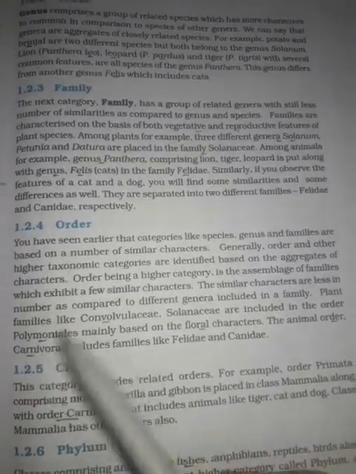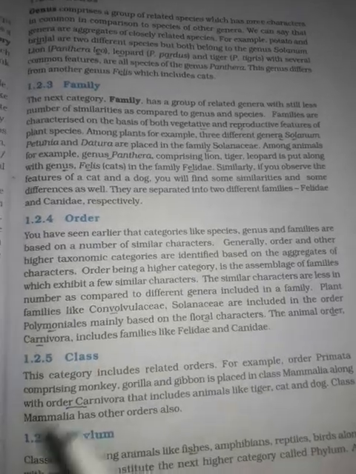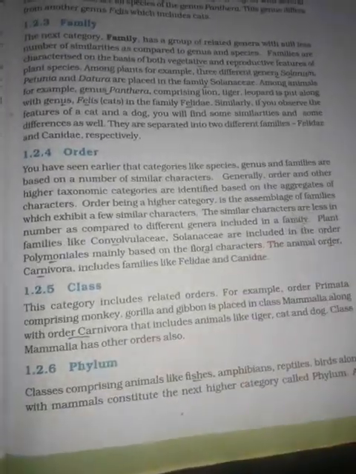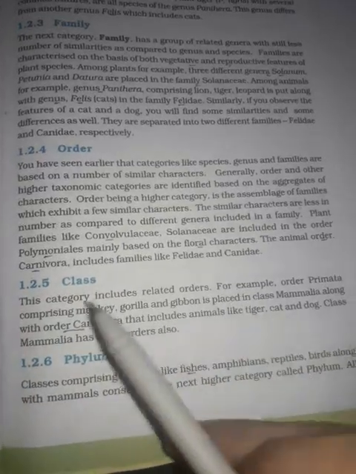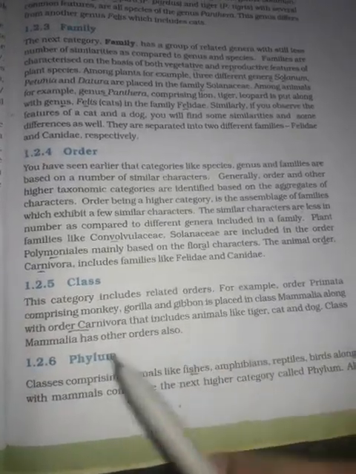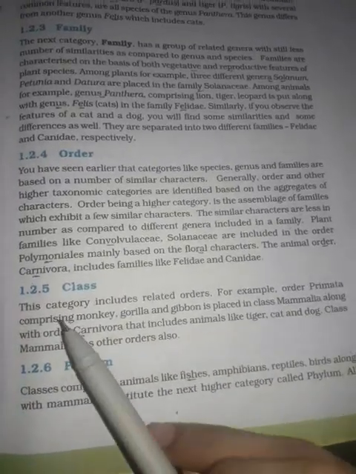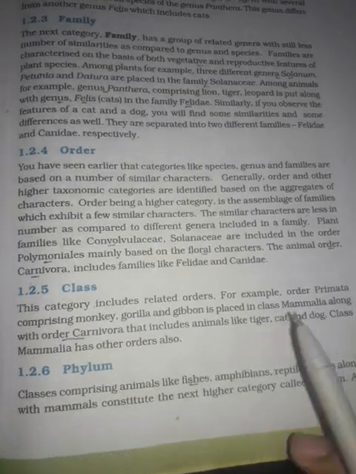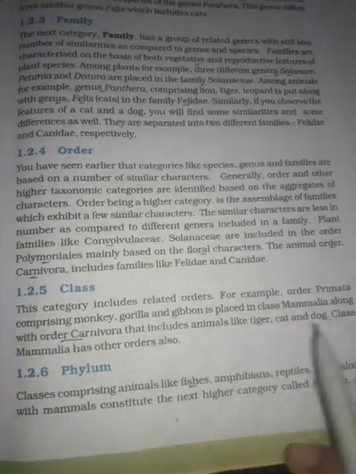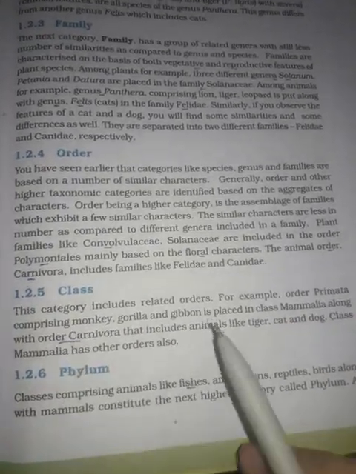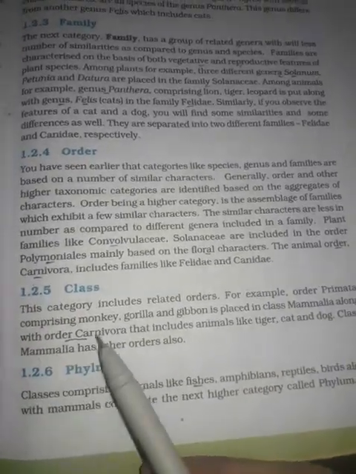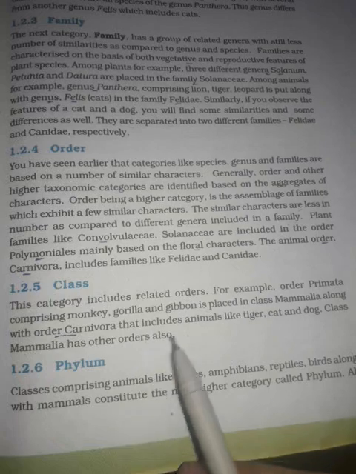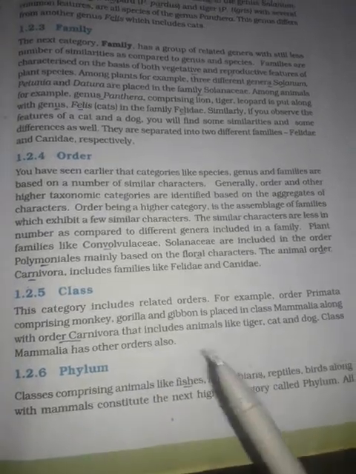The animal order Carnivora includes Felidae and Canidae. Class includes related orders. Order Primata, with monkey, gorilla, gibbon, is in class Mammalia along with order Carnivora that includes tiger, cat and dog. Class Mammalia has other orders also.